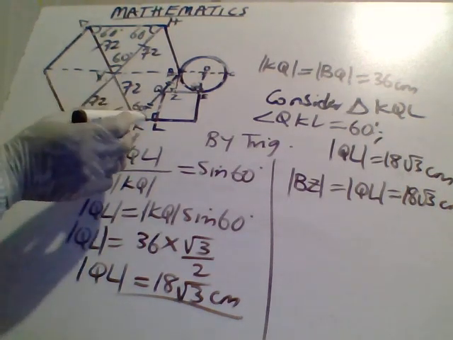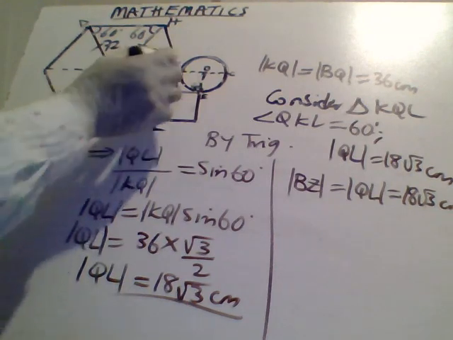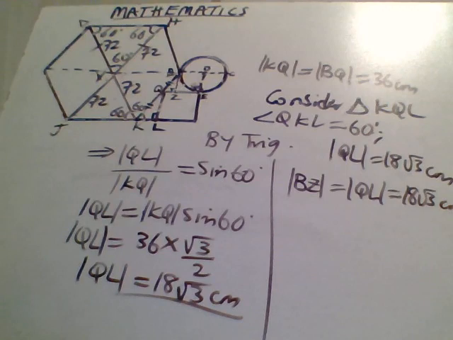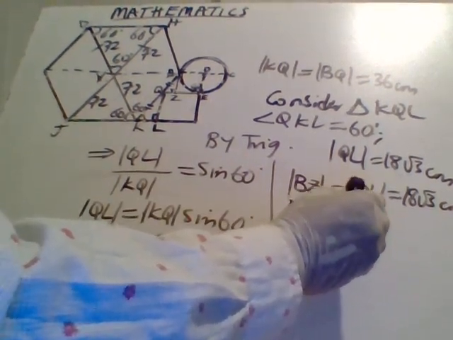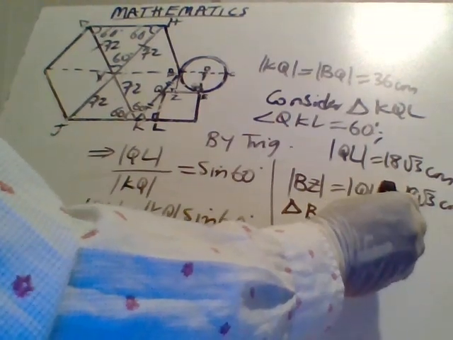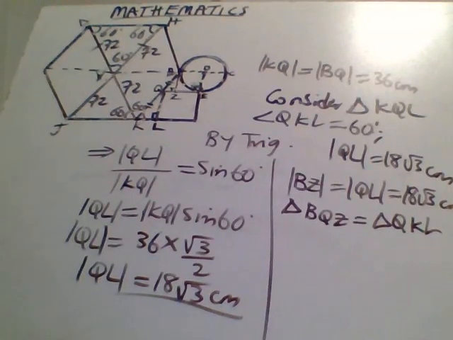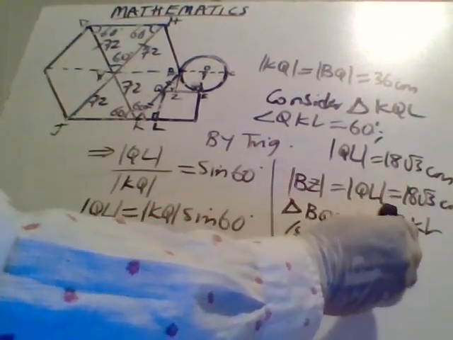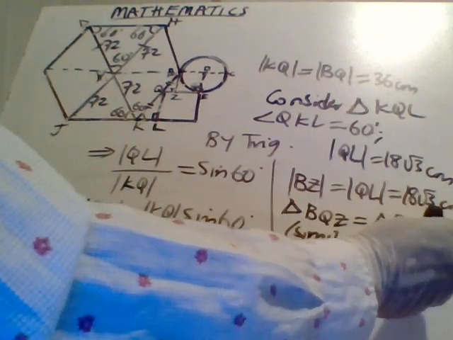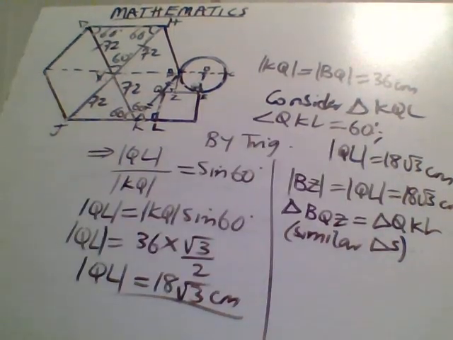Because this angle here is equal to this angle here, and this length is equal to this length. This is a similar triangle. Triangle BQZ is equal to triangle KQL. Similar triangles. They are similar triangles.